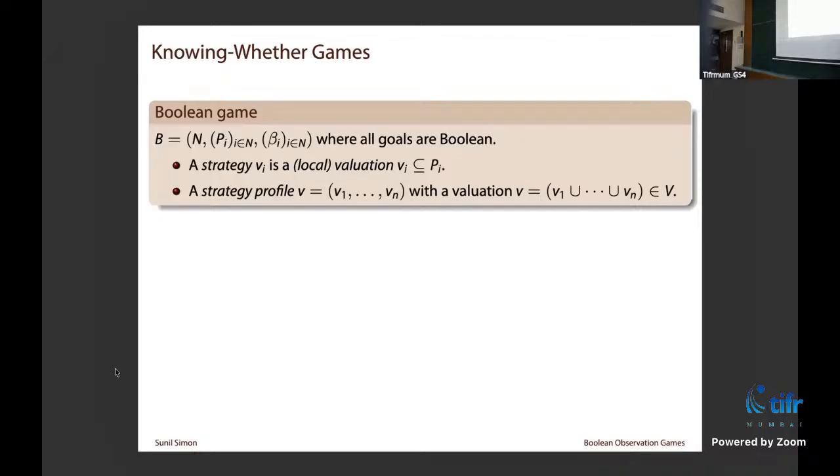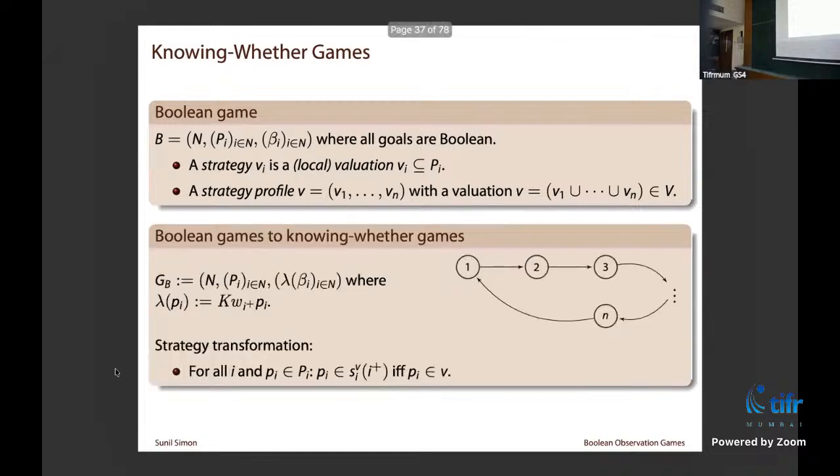A strategy is like a valuation function for the set of propositions that the player controls. Now, when you're looking at a profile of strategies, what it defines is a valuation for the entire set of propositions. So what we can show is that you can actually translate Boolean games as a fragment into observation games within the knowing whether games.